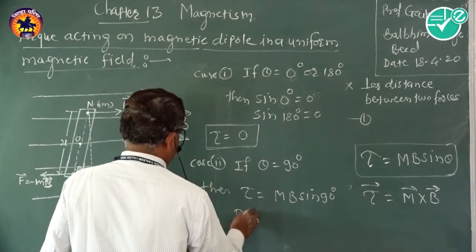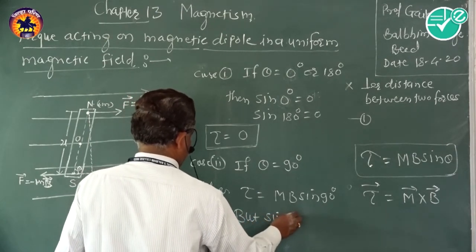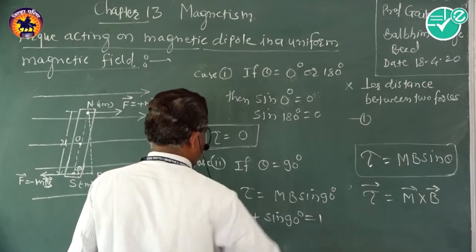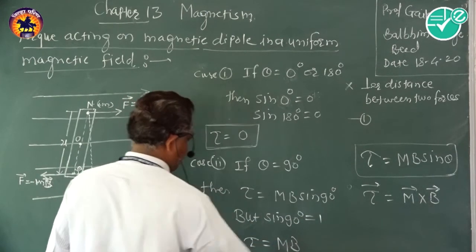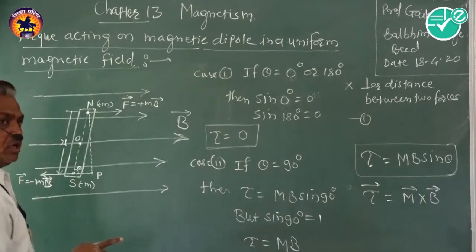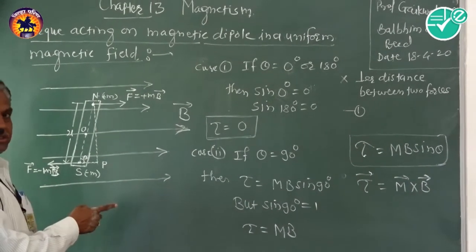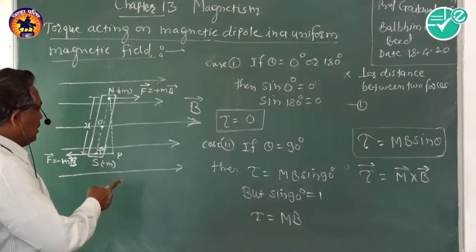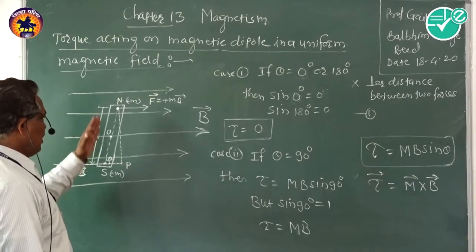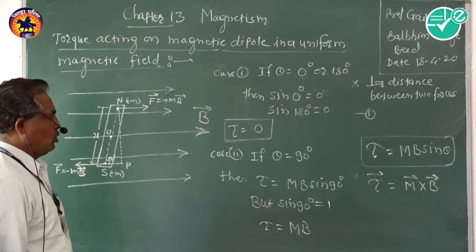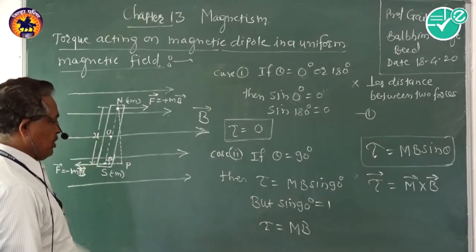But sin 90 degree is equal to 1. Therefore, tau is equal to M into B. This is the maximum torque acting on the magnet when it is perpendicular to uniform magnetic induction B.